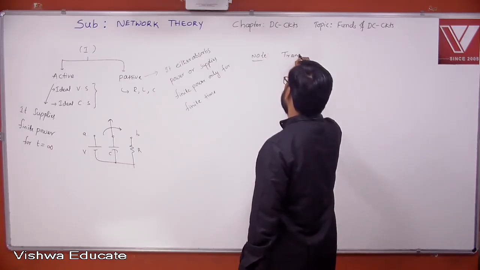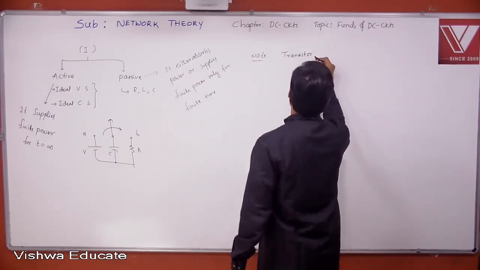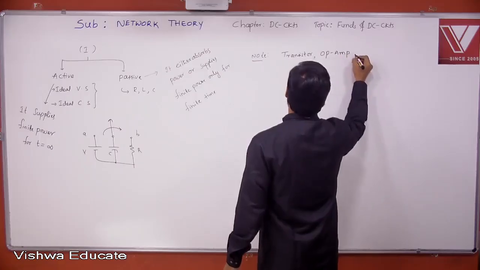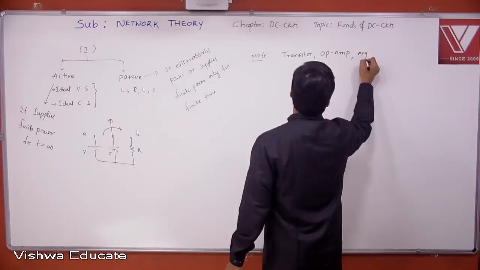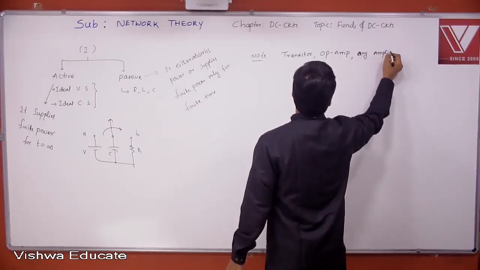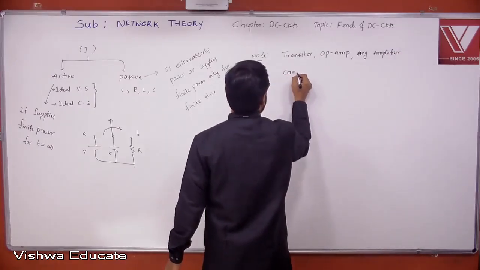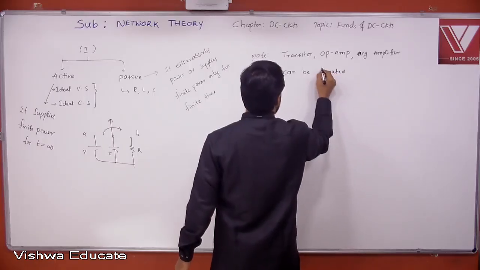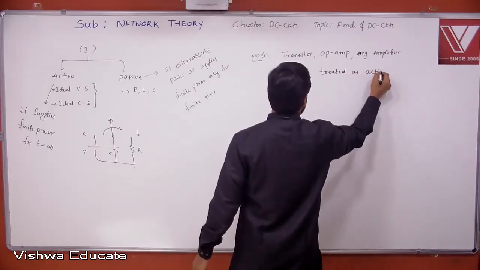Transistor, op amp, or any amplifier can be treated as active elements.